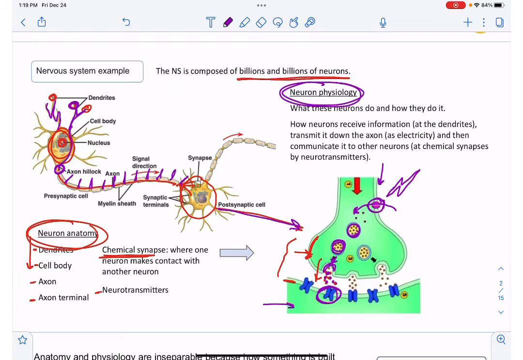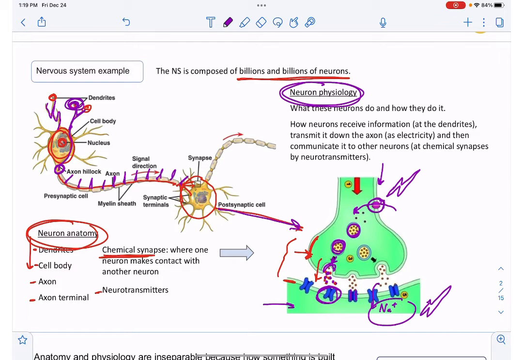And then those neurotransmitters bind to these receptors. Those receptors open, sodium floods into the postsynaptic neuron, and that generates electricity in the postsynaptic neuron. And that's essentially how neurons communicate with each other.